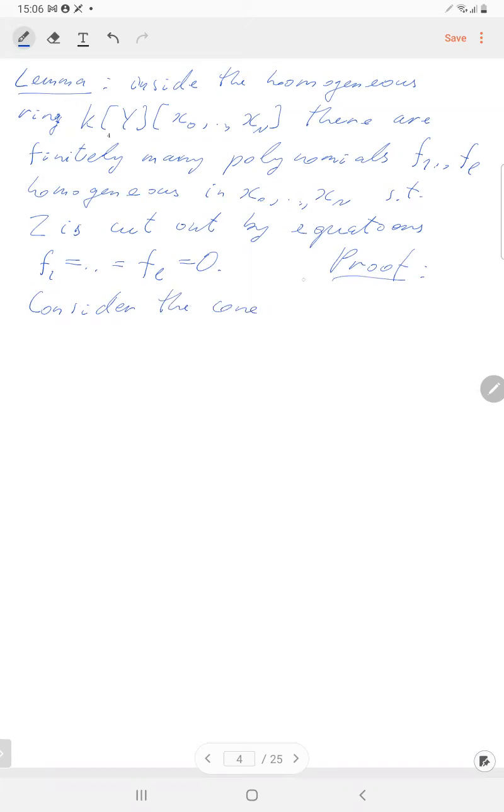The cone, say CZ, and this is the closure of the preimage, say, identity of y times the projection from the affine space A^(n+1) without the origin to the projective space, but then we add the origin to this cone.